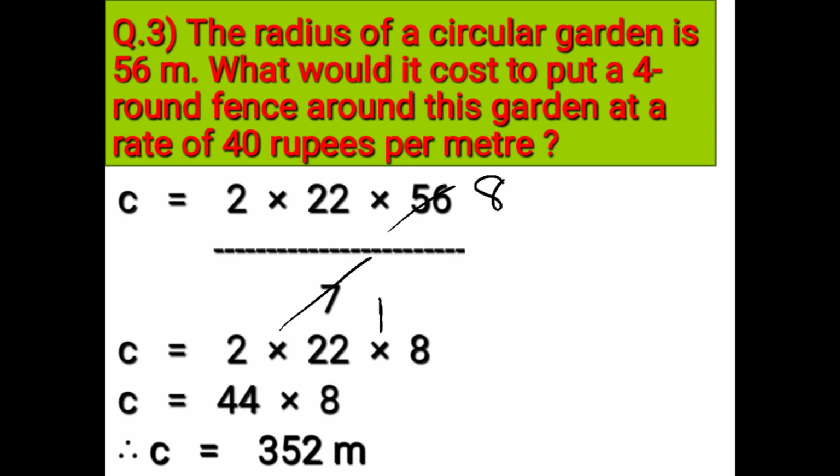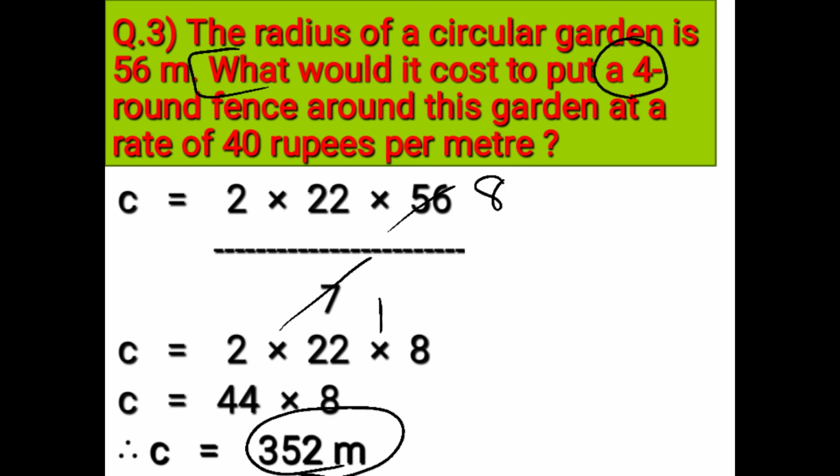Now read the next sentence of the same question. What would it cost to put a 4-round fence around this garden at a rate of 40 rupees per meter? So here you have to find the length of 4 rounds of fencing.